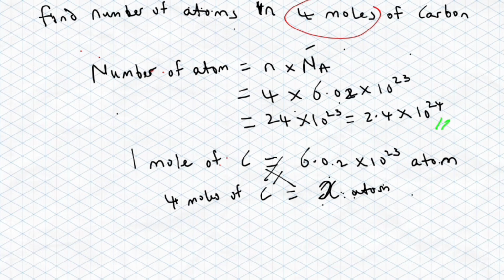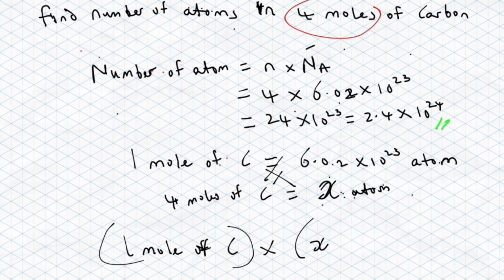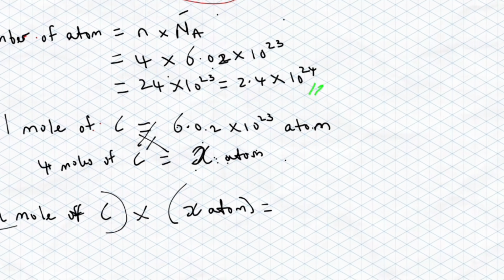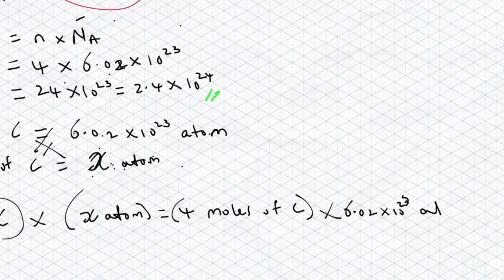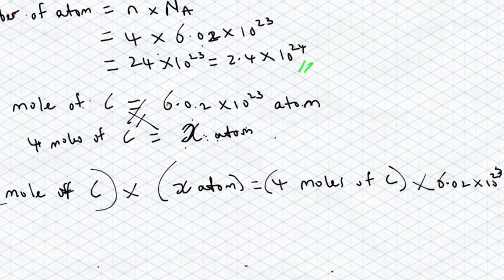So 1 mole of C times x atoms is equal to 4 moles of C times 6.02 times 10 to the power 23 atoms.